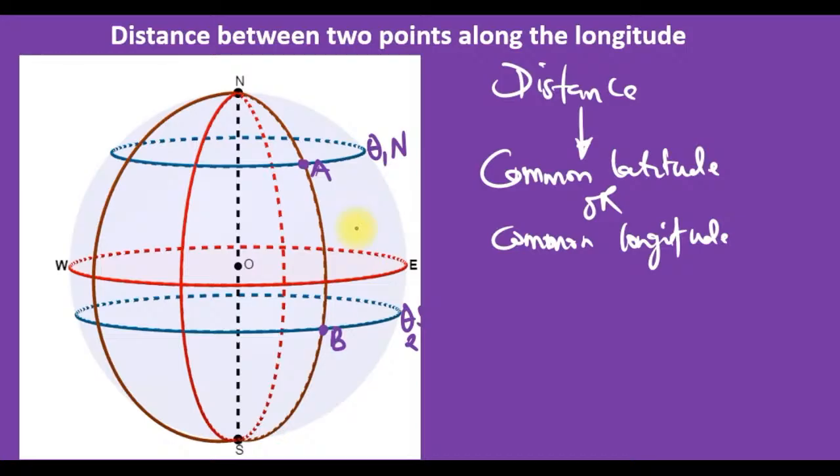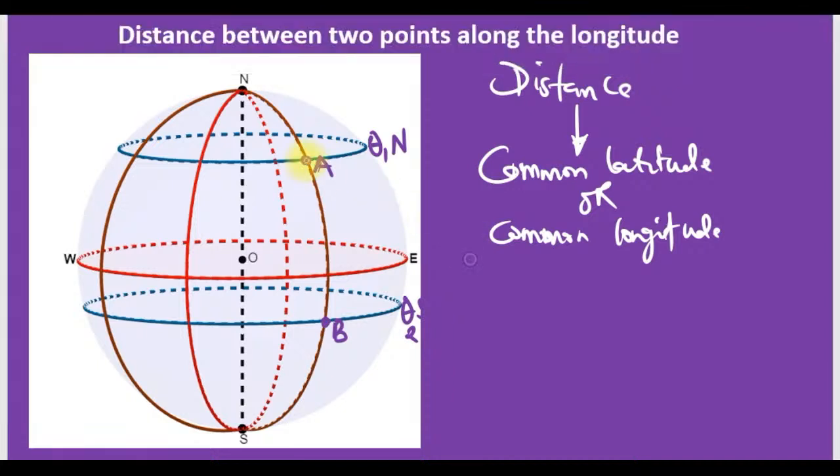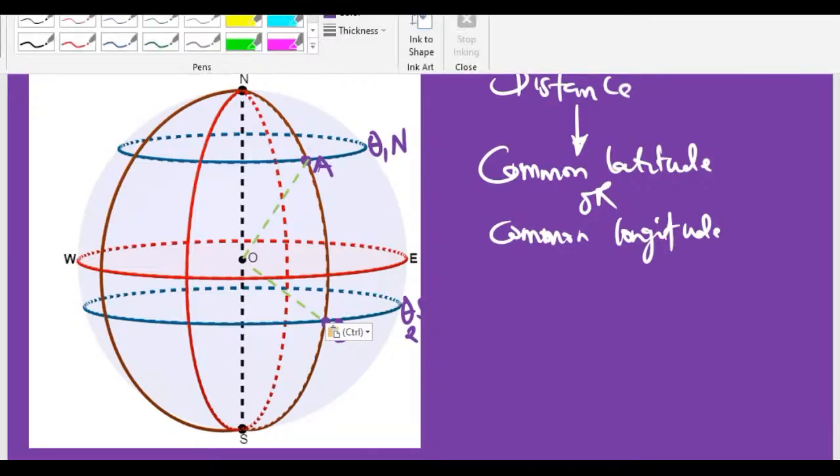The distance between A and B is the arc of a circle. We need the radius, because this is the center. If we join O to A and O to B, we have the radius of the circle.